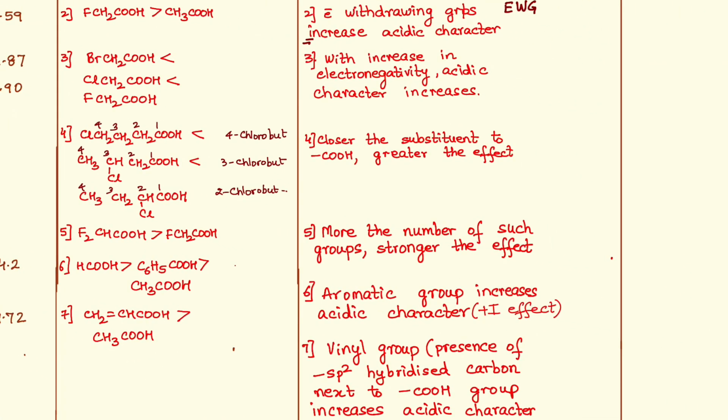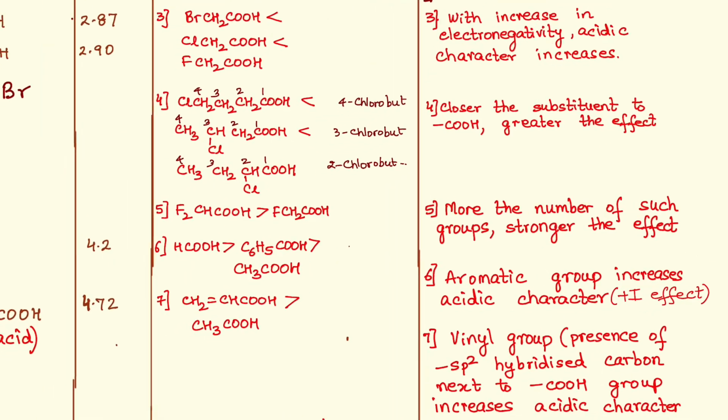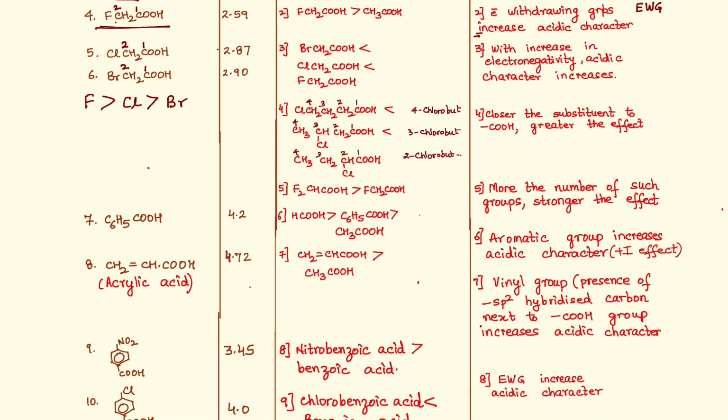And that's the same point we have written over here. Closer the substituent to the COOH group, greater the effect, whether it is the effect to increase the acidic strength or to decrease the acidic strength. Irrespective of that, the effect is greater when that particular group is closer to the COOH group.